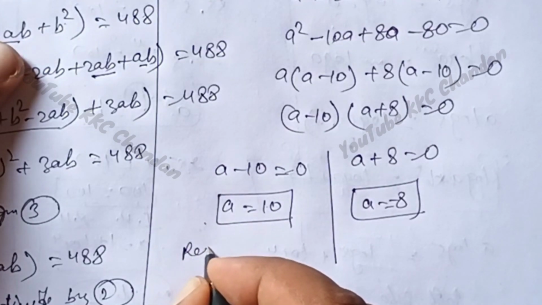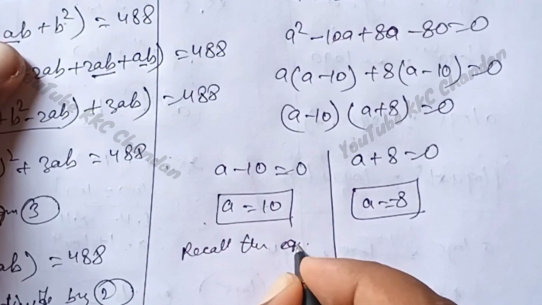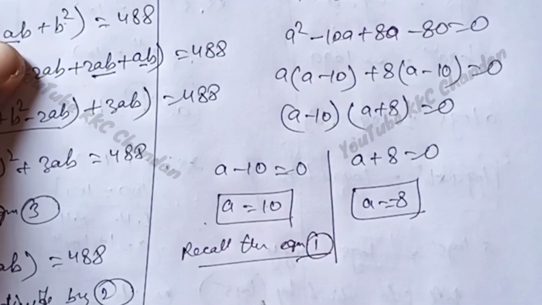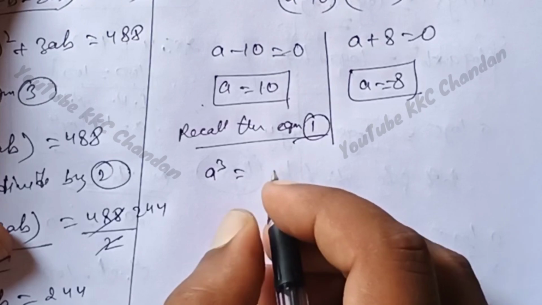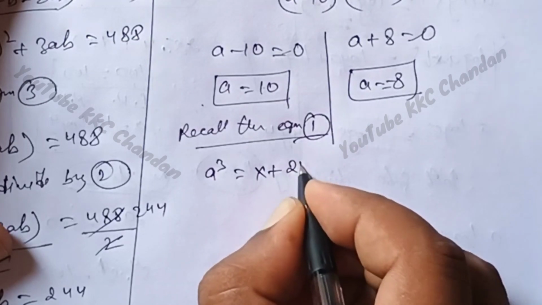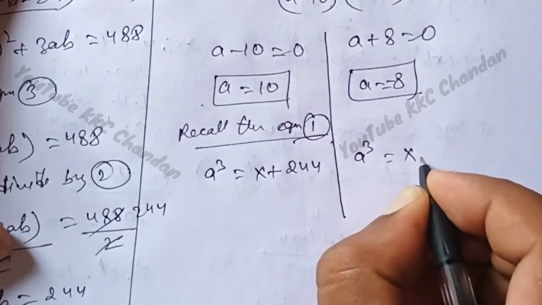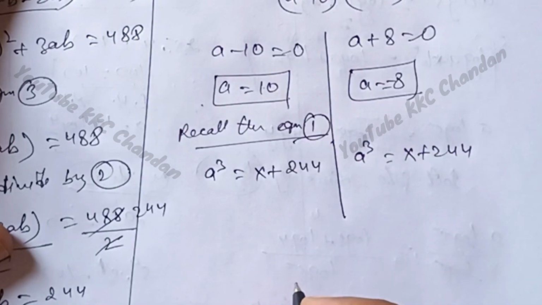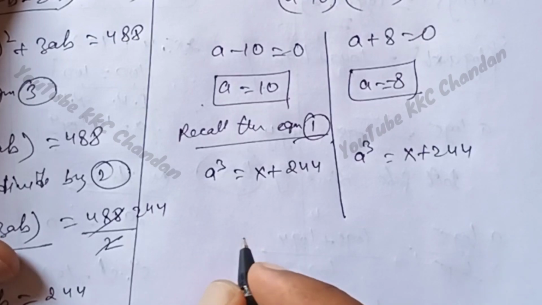Recall that equation number 1 is telling that A cube is equal to x plus 244. So put the A value in both places.